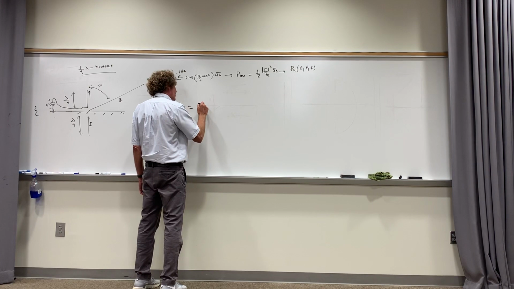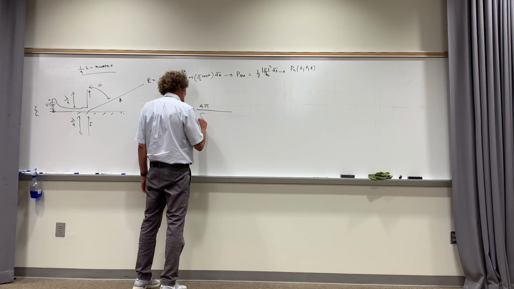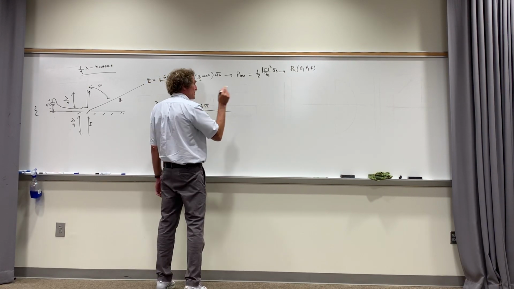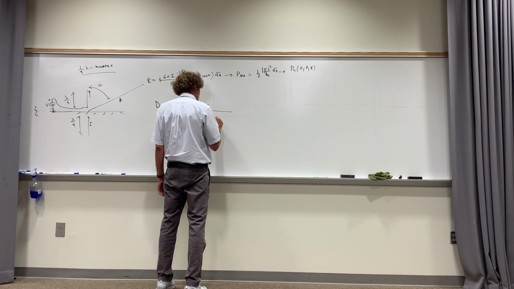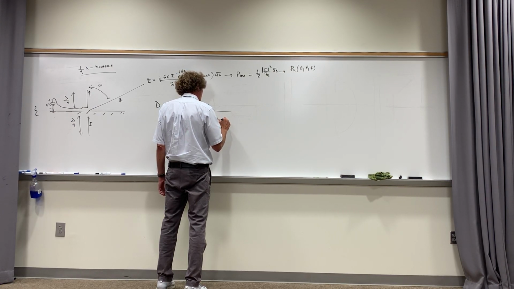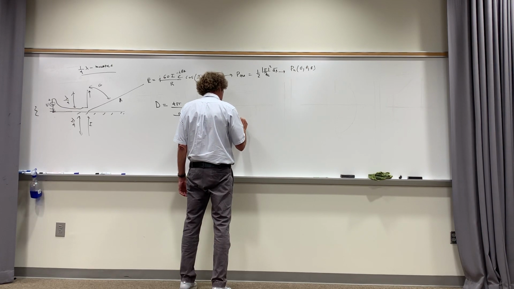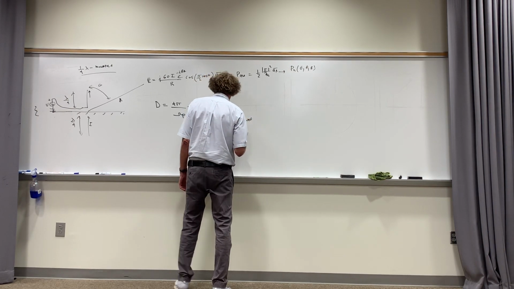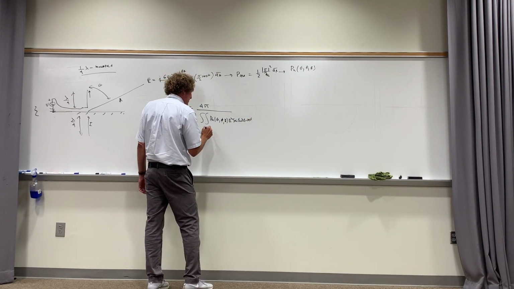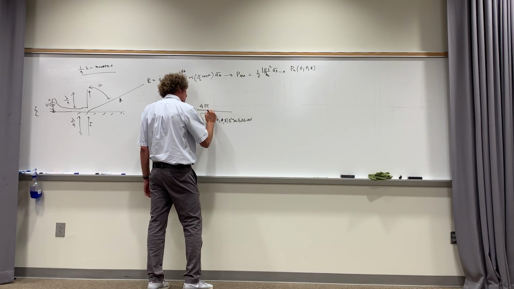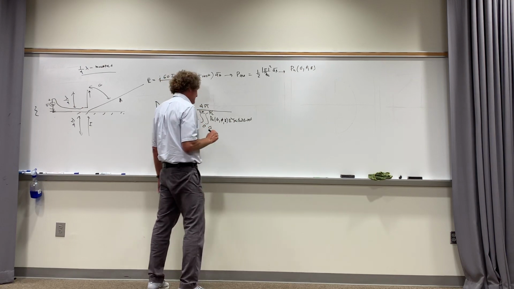It would be the double integral of the normalized power density times r squared times sine of theta d theta d phi, where theta only goes from 0 to pi over 2, and phi goes from 0 to 2 pi.